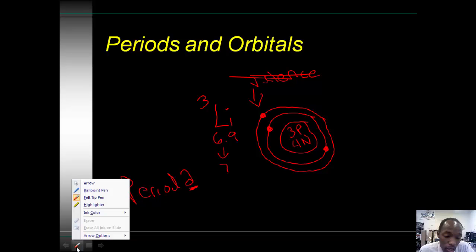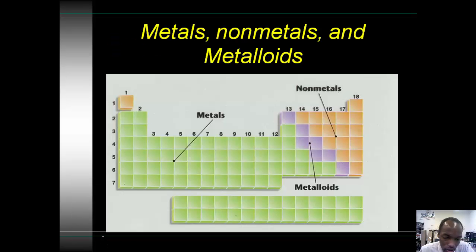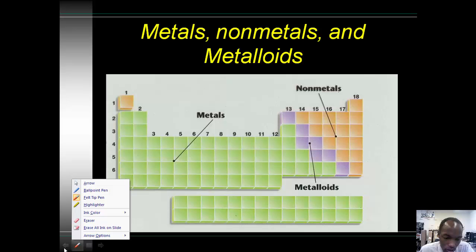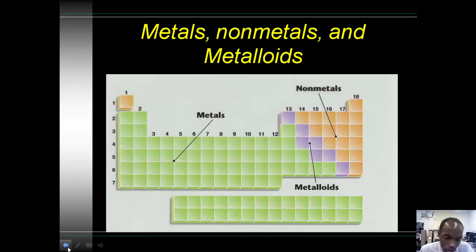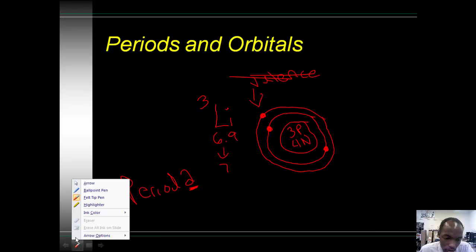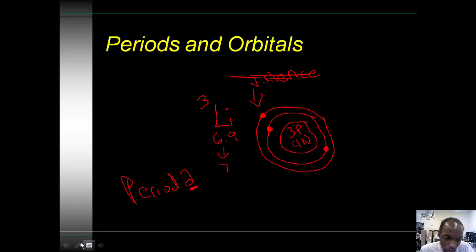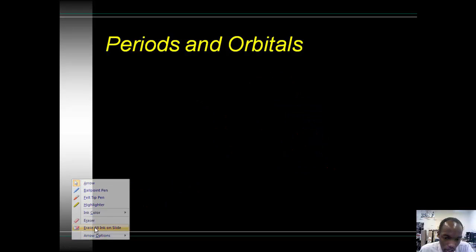So if we go back, let's look at helium. For some reason, it will not let me erase on this slide. Let's see, I'll take off the arrow. Okay.